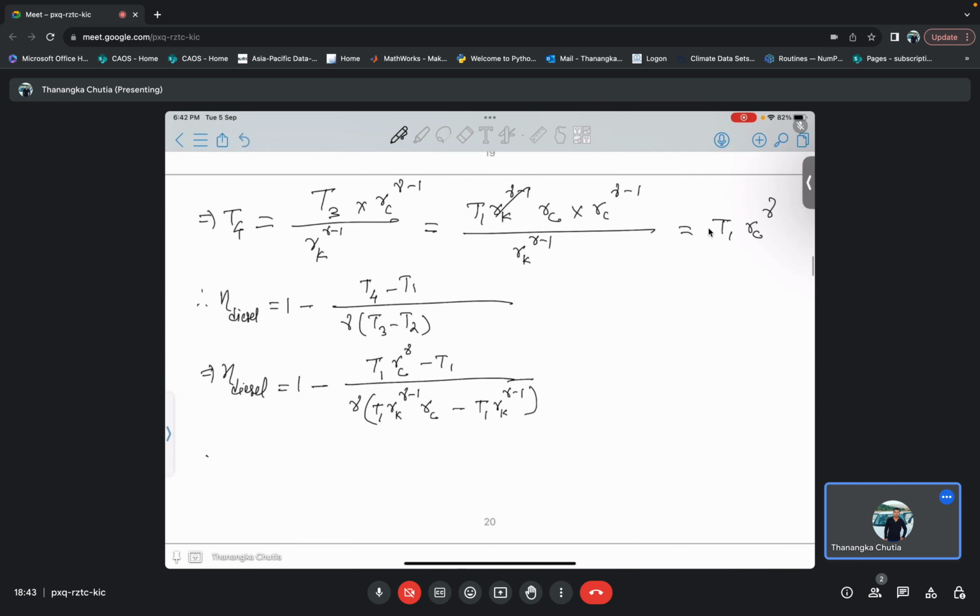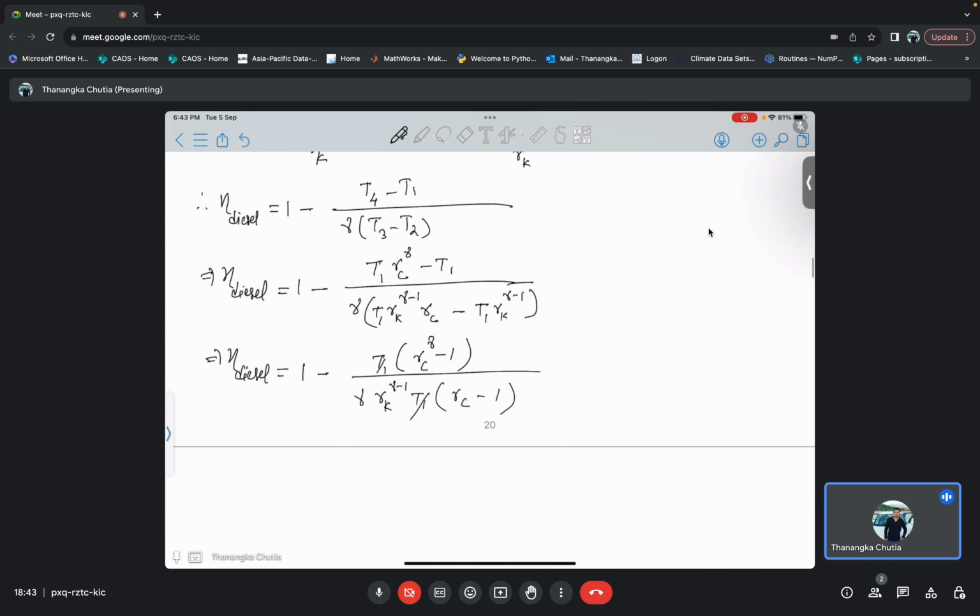From here eta diesel is 1 minus, T1 we take out, Rc to the power gamma minus 1 divided by gamma into Rk to the power gamma minus 1 into T1, Rc minus 1. This T1 and this T1 will cut out. So eta diesel is equal to 1 minus Rc to the power gamma minus 1 divided by Rk to the power gamma minus 1 into gamma into Rc minus 1.